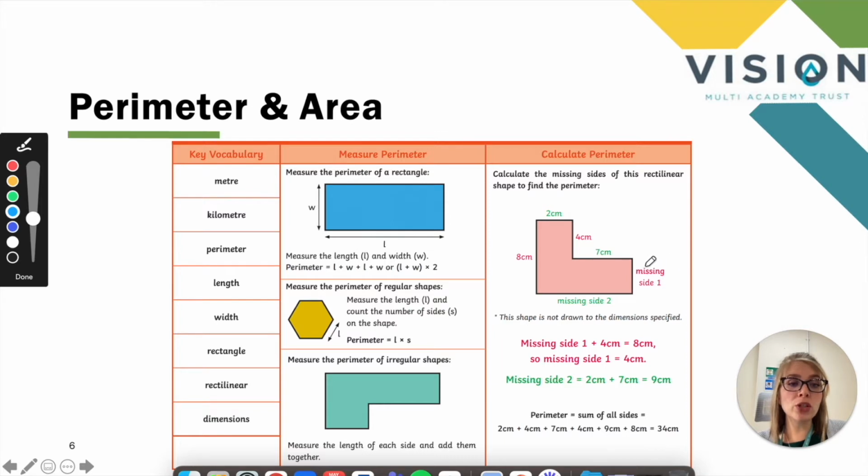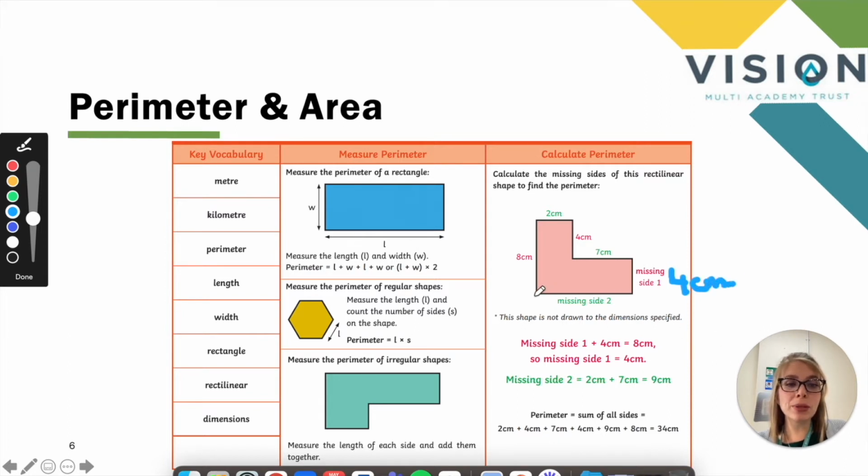So we want to know the perimeter of this shape. So we need to know what the length of this missing side is. And we can see that this part plus this part would equal to this. So if this is 4 centimetres, the total is 8. We know that 8 subtract 4 would give us this missing side being 4 centimetres.